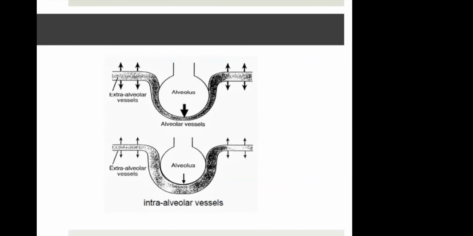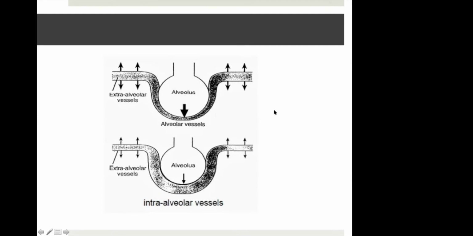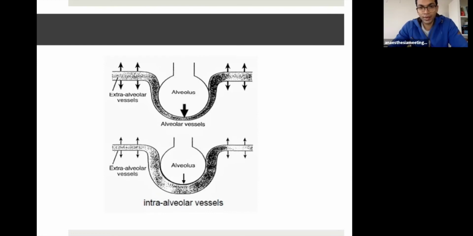So the top image is where you've got, say, high lung volumes. Yes. Say total lung capacity, and you've got basically compression of the alveolar capillaries, so underneath the big arrow, which increases your resistance.